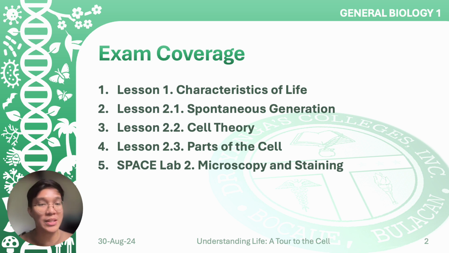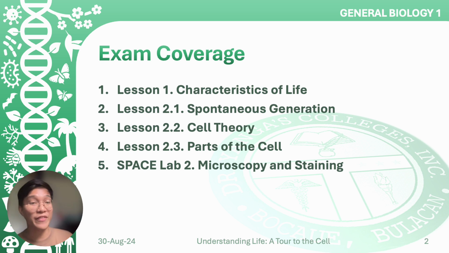So lesson 1 is about the characteristics of life, and let's recall that life has these 7 characteristics, which is only shared by those who are living. In this case, that would be biological order, where we are made up of cells organized into tissues, organs that will make up a whole organism, right? And we also have reproduction, which can be sexual or asexual.